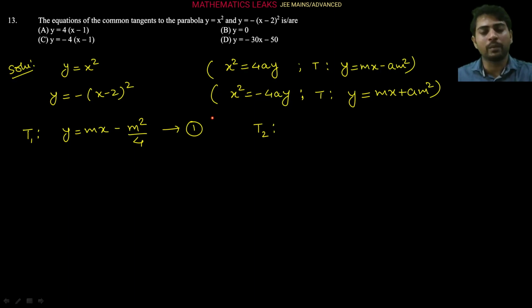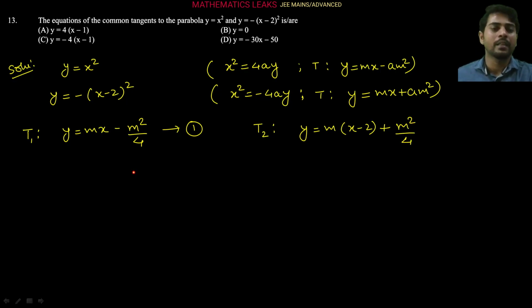Similarly, for the second parabola, y = m(x - 2) + am². Again a is 1/4, so we write m²/4, right?